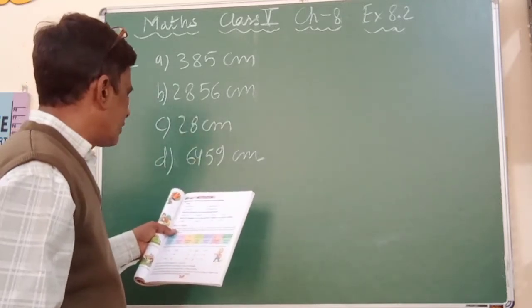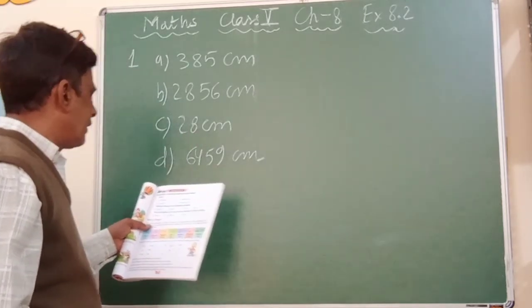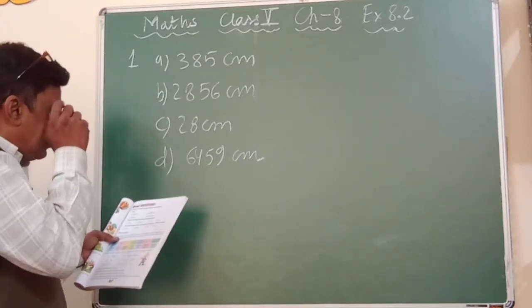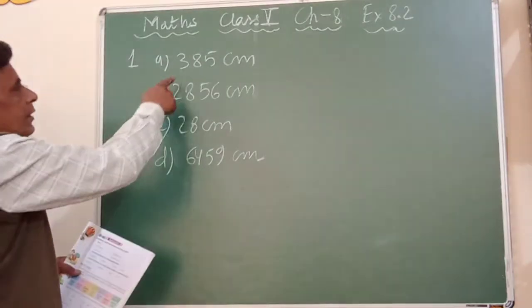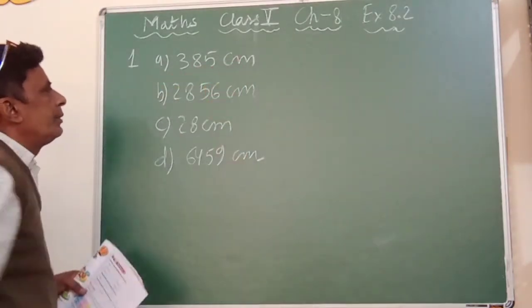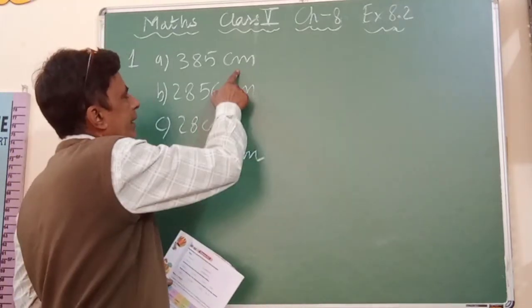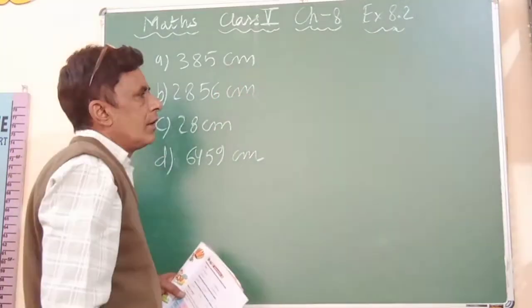In the first question, we have to write the given measurements in centimeter in meter. We have to change the values in centimeter to meter. We all know that centimeter is 100 times smaller than meter.